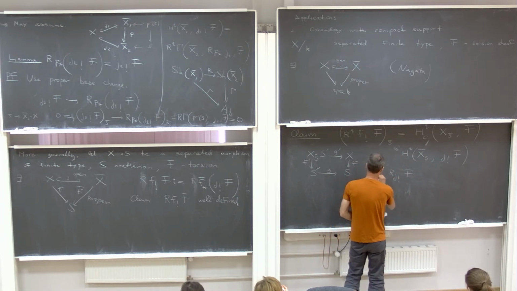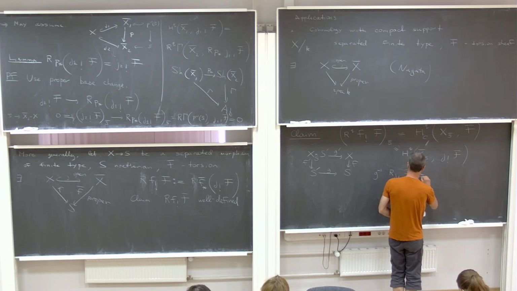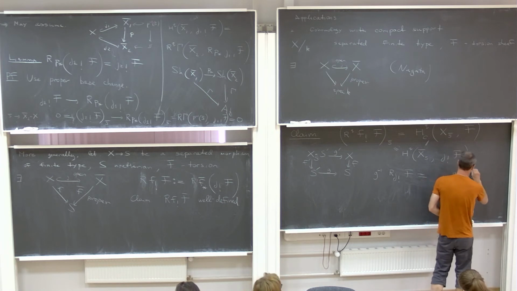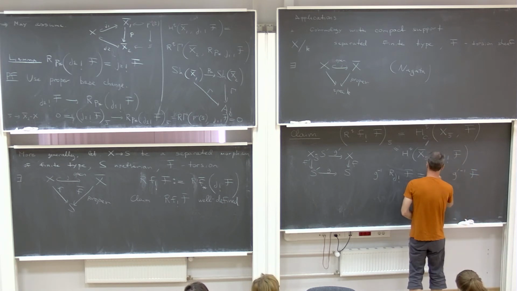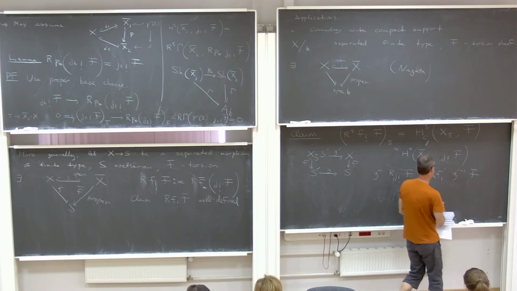Then you can apply G inverse. And this is isomorphic to G prime inverse of F, and then you take R F prime with compact support.